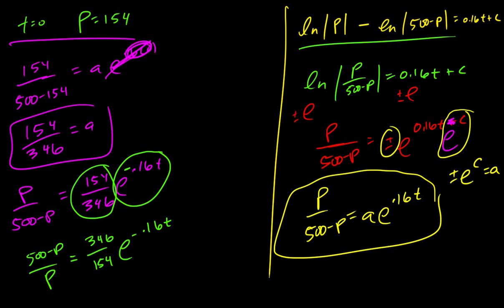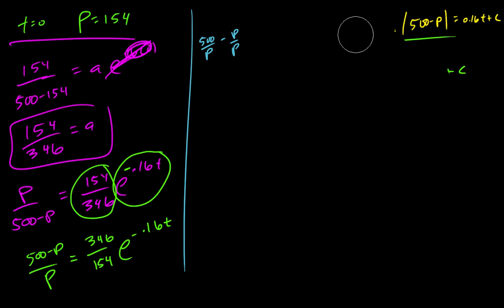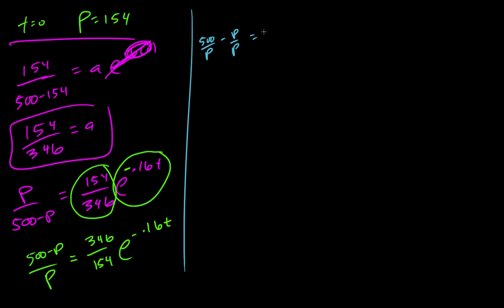And now I understand why your book did that in the beginning. Now we can put each of those over p, so we can say 500 over p minus p over p, and that equals all this stuff. This is really just a 1, so we can add 1 over to this side.